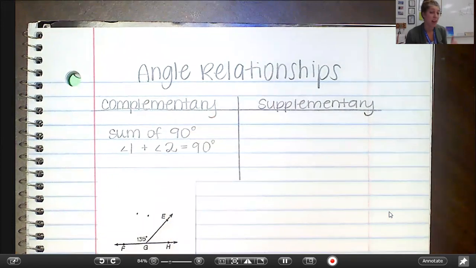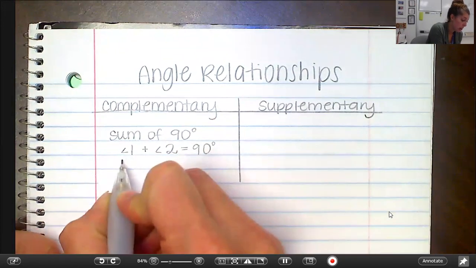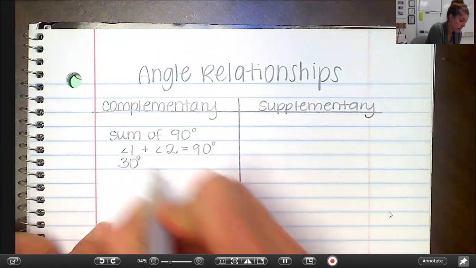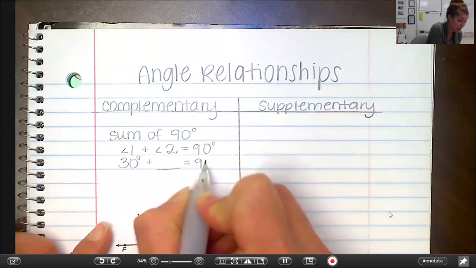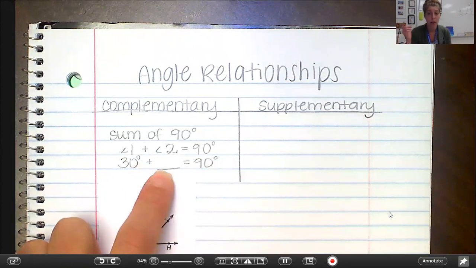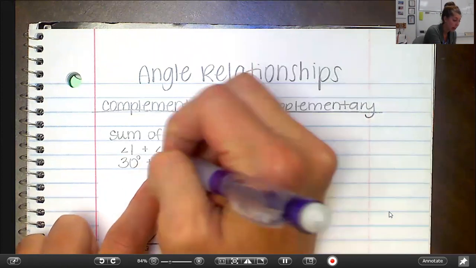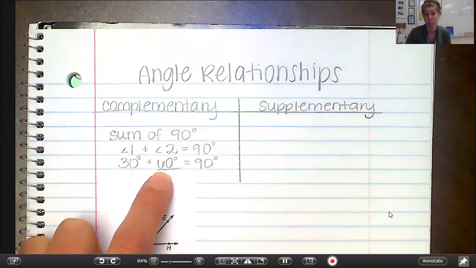If I know, for example, that angle 1 is 30 degrees and I need to find the second one, just like yesterday with our triangles, if I took away what I'm given, I get what's left over. So I know the second angle would have to be 60 because that's what makes the 90 degrees.